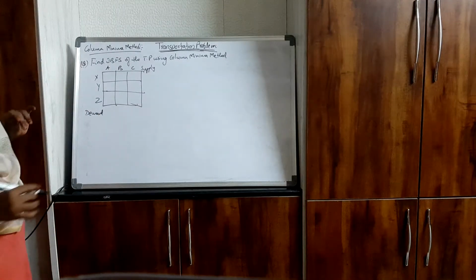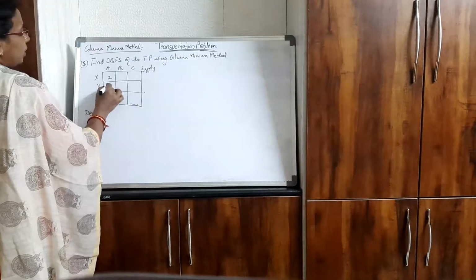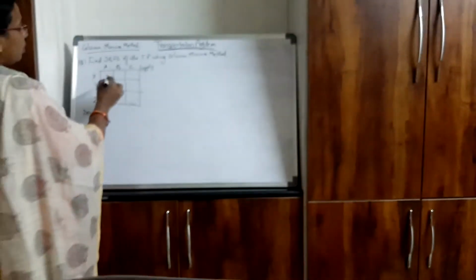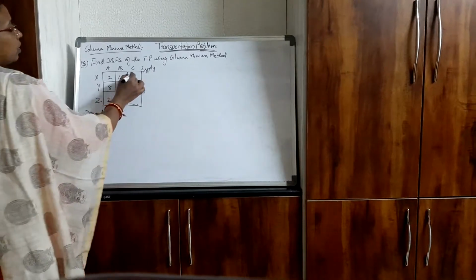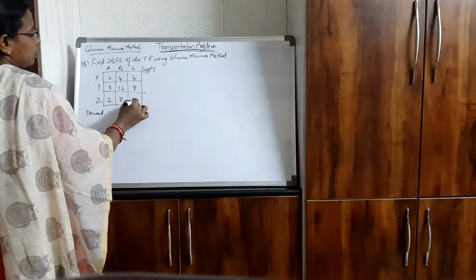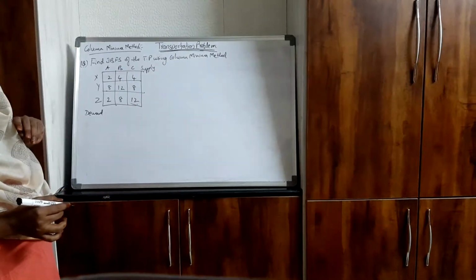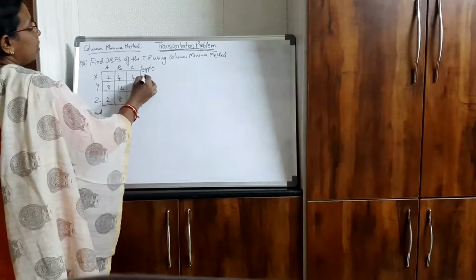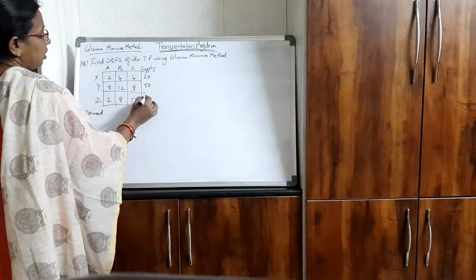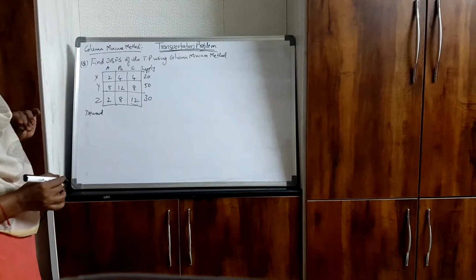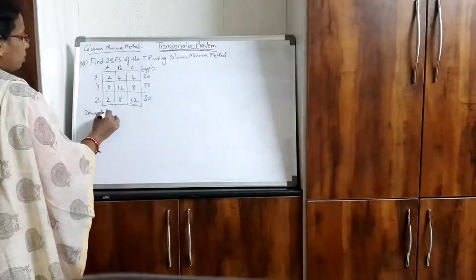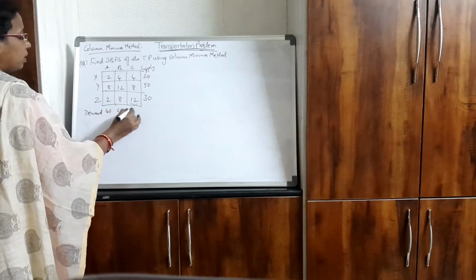The first column values are 2, 8, 2. Second is 4, 12, 8. Third one is 4, 8, 12. Supply values are 20, 50, 30. Demand values are 40, 25, 35.